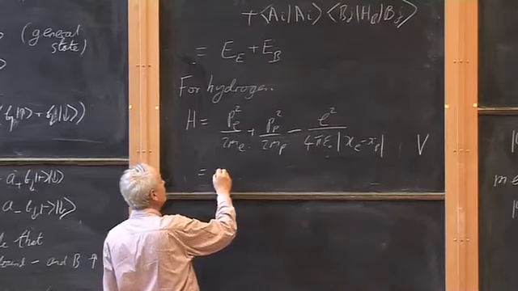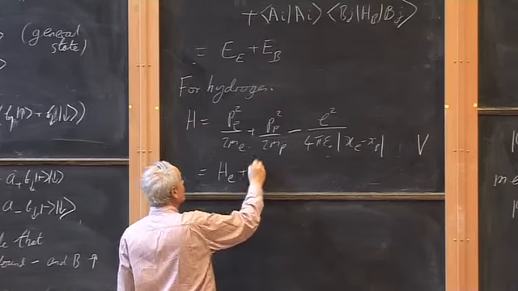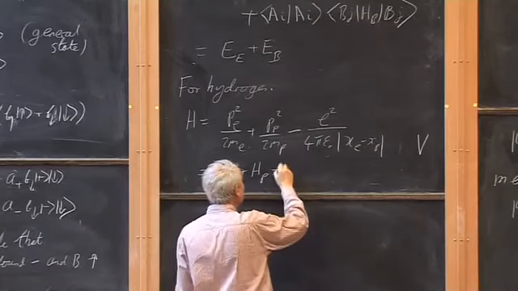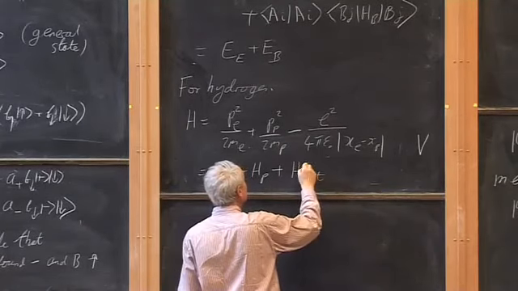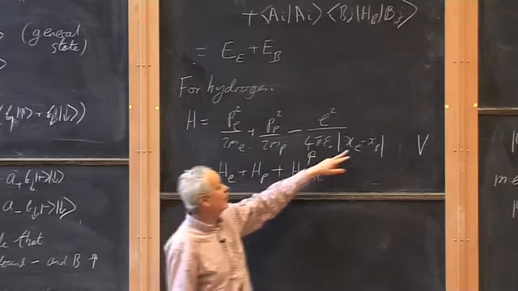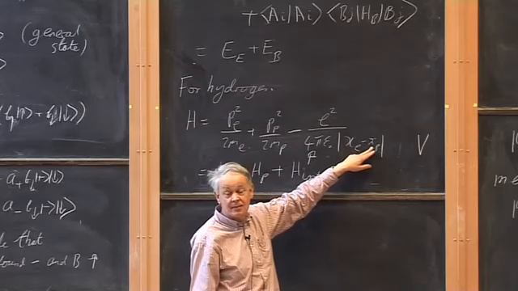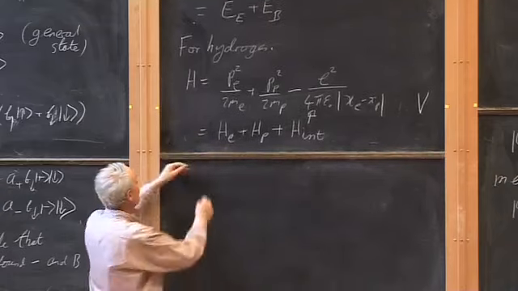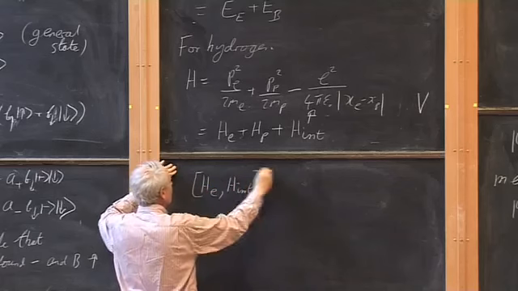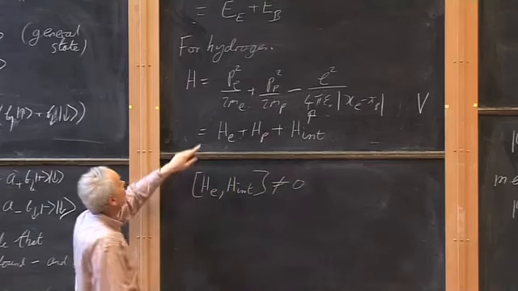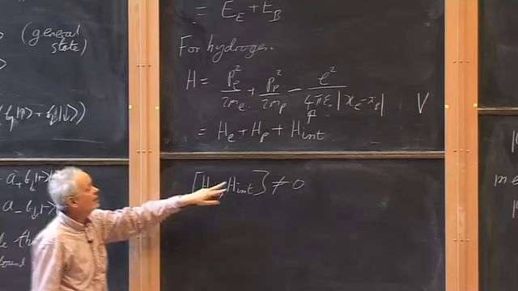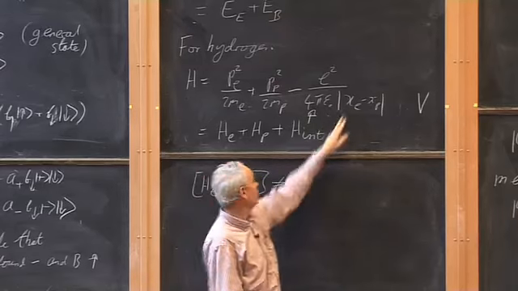So this is equal to H electron plus H proton, these being the Hamiltonians of the free electron and the free proton, plus an interaction Hamiltonian. And the thing about this interaction Hamiltonian is that it depends on operators belonging both to the first subsystem and the second subsystem. And the consequence of that is that the commutator of H electron and H interaction is not equal to naught, because the PE, the electron momentum operator sitting inside here, has a bone to pick with the electron position sitting inside here.